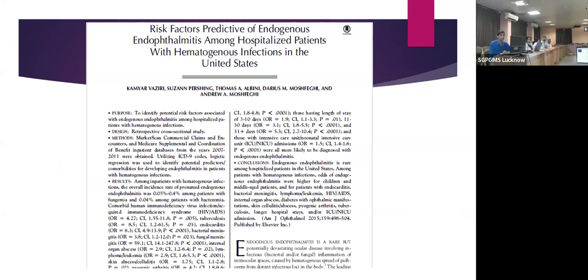Now the predictive factors. People have studied very extensively a lot of factors in these patients, in the hope that any factor can predict the future onset of end organ disease, including endophthalmitis.